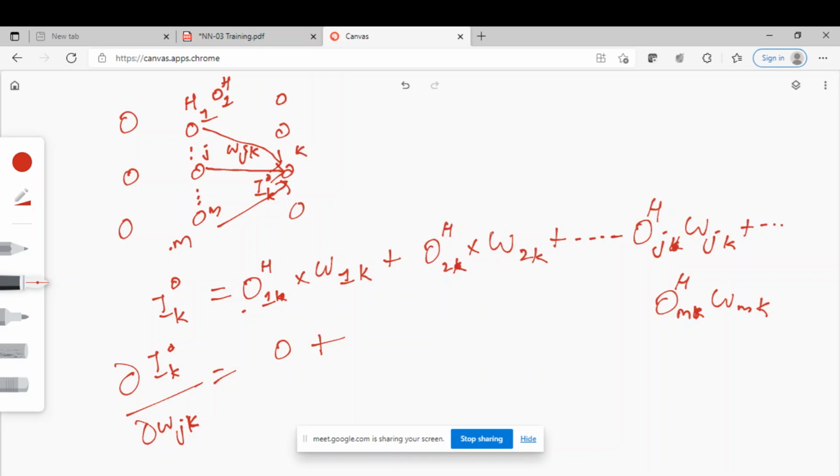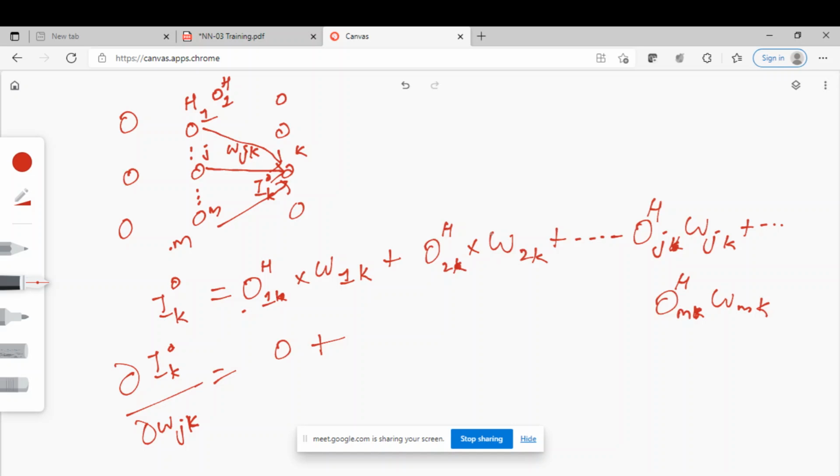So now we have identified all these three terms. Now we will put all these three terms in that equation. So these are the three terms. The first, dou E by dou OK, is minus 1 into (TOK minus OK).